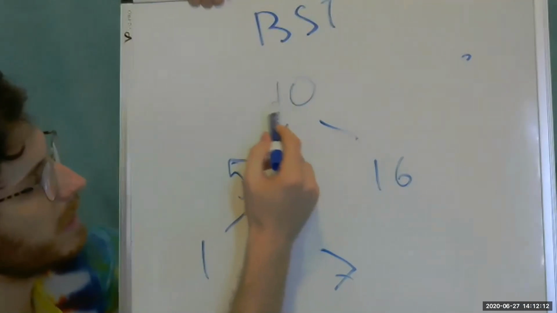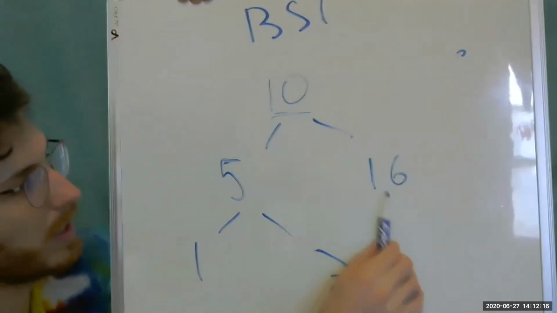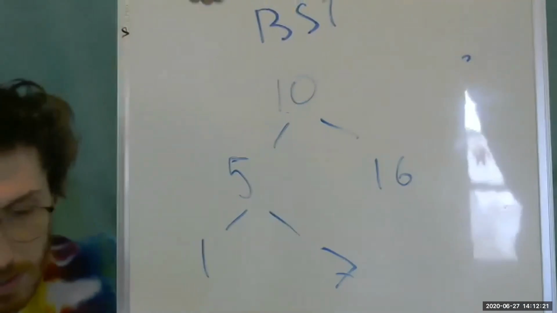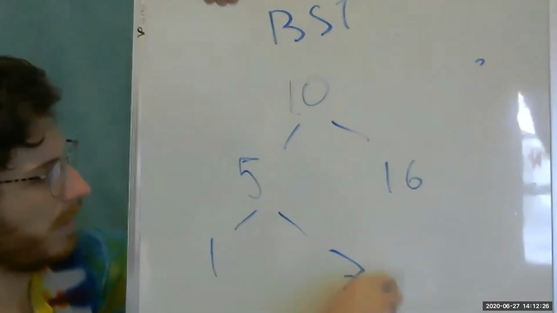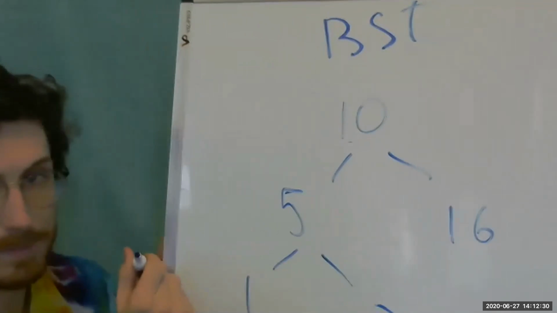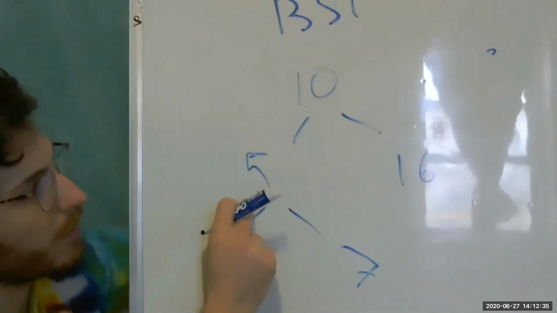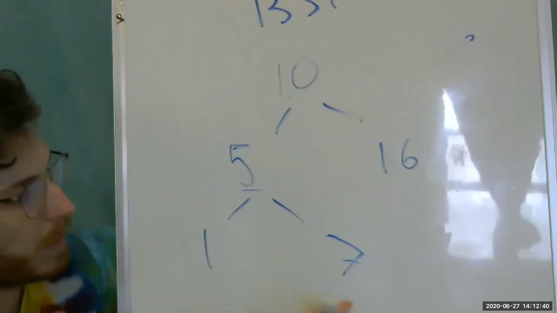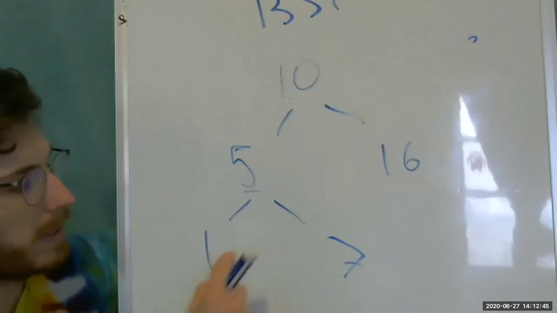Because if we look at 10, all nodes to 10's right are greater than 10. If we look at all nodes to the left of 10, over here, they are all less than 10. And then if we carry on this pattern, we look at our 5, right? All nodes to the right of 5 are going to be greater than 5. And all nodes to the left of 5 are going to be less than 5.